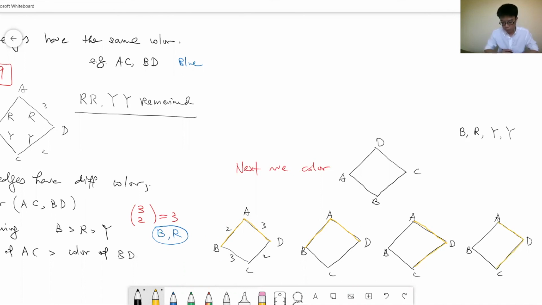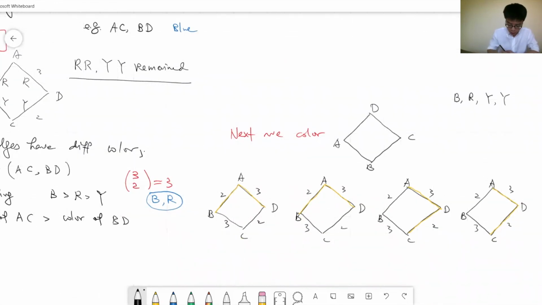Okay. Because we cannot flip, these are all different, and there's no other coloring for this yellow, because we can rotate on the plane, but we cannot flip. We are not allowed to flip because we determined this ordering of the color.